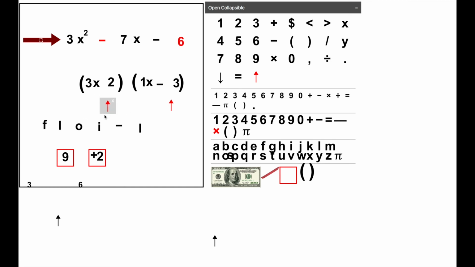And your inside right here is how you get your positive 2. Then you always want to check your last, which is why I call it FOIL-OL. Just go like this and make sure your lasts are good. Are they good? Yep, you got your negative 6. Sometimes you can screw things up, so it's a good quick little check at the end.